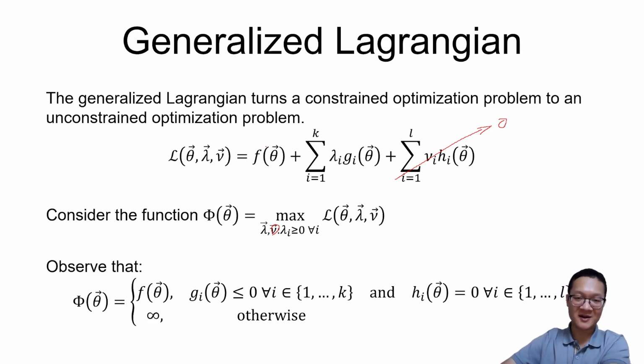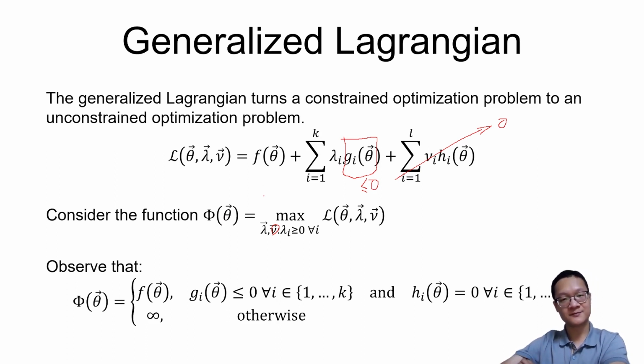Okay, let's take a look at this part. If we assume that the g_i's are all less than or equal to 0, how can we pick lambda to maximize L? We're under the constraint that each of the components of lambda must be greater than or equal to 0. Well, if g_i is less than or equal to 0, this thing is negative, right? So whenever you add anything positive for lambda_i, you would be decreasing this L function.